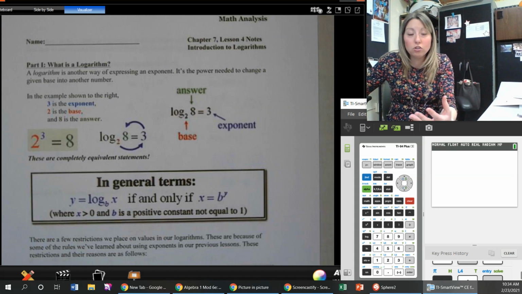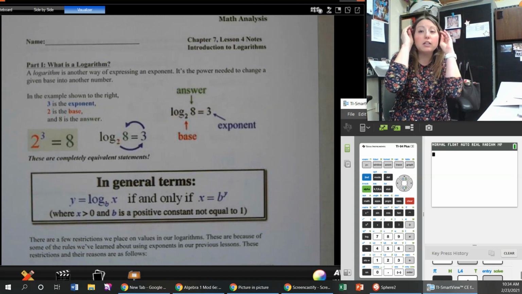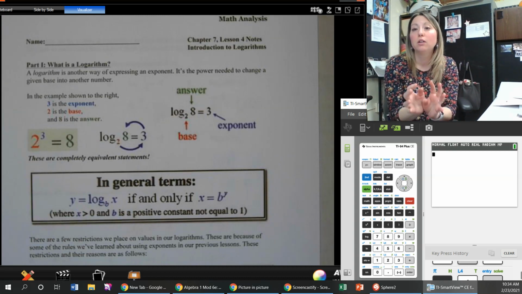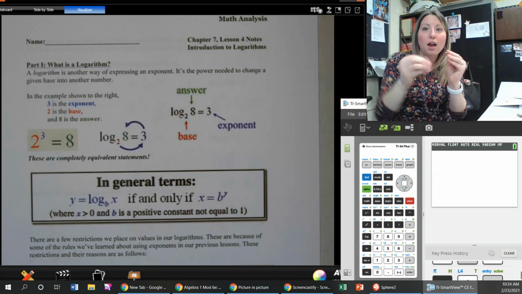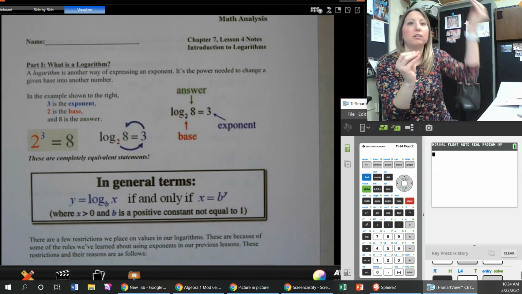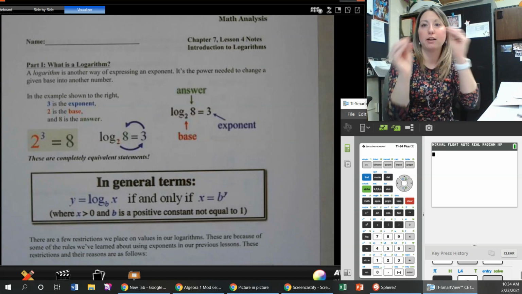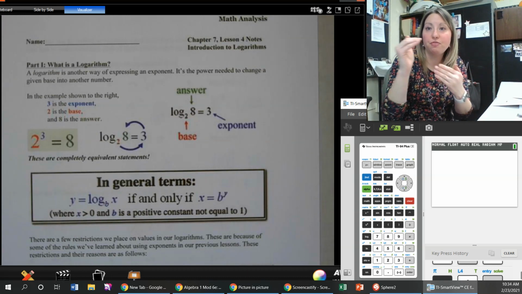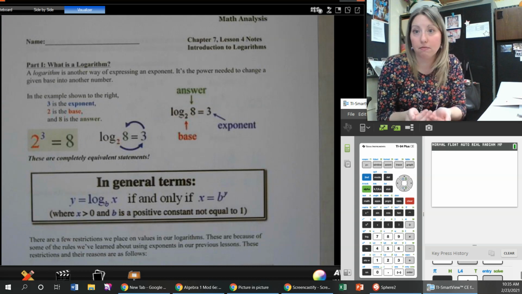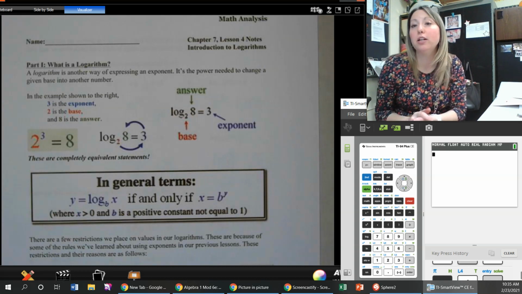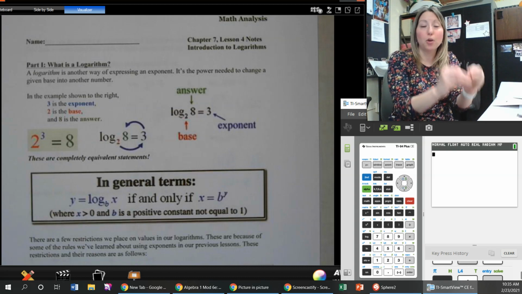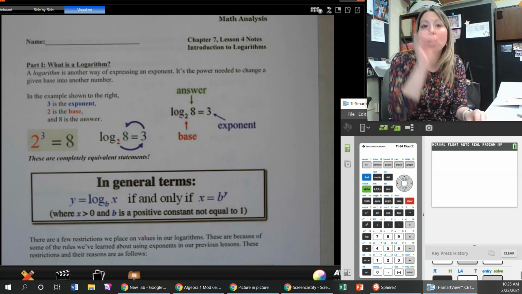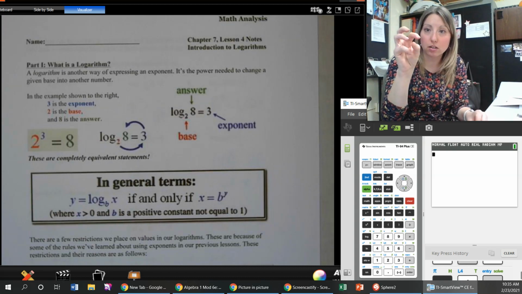So take your time to really solidify to yourself that an exponent can be written as a log and a log can be written as an exponent, and go back and forth. That is how we want to begin. When you evaluate a log, you are asking what the base to what power is this number in my log.